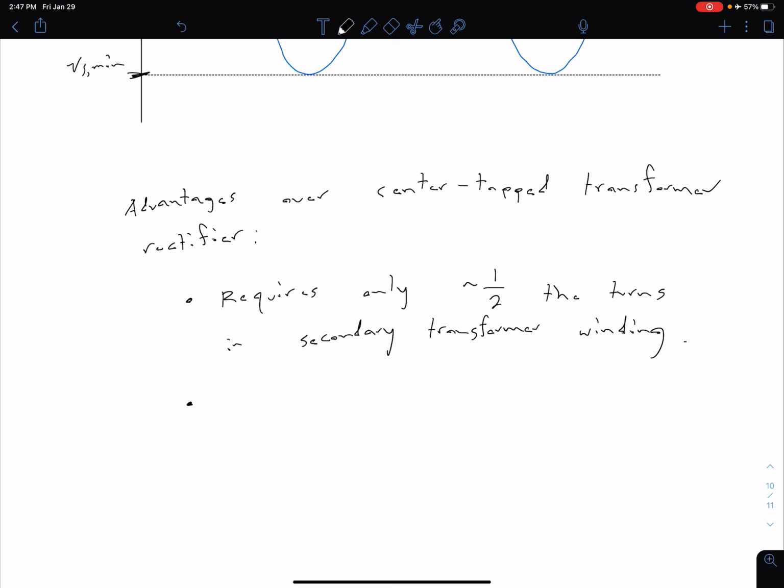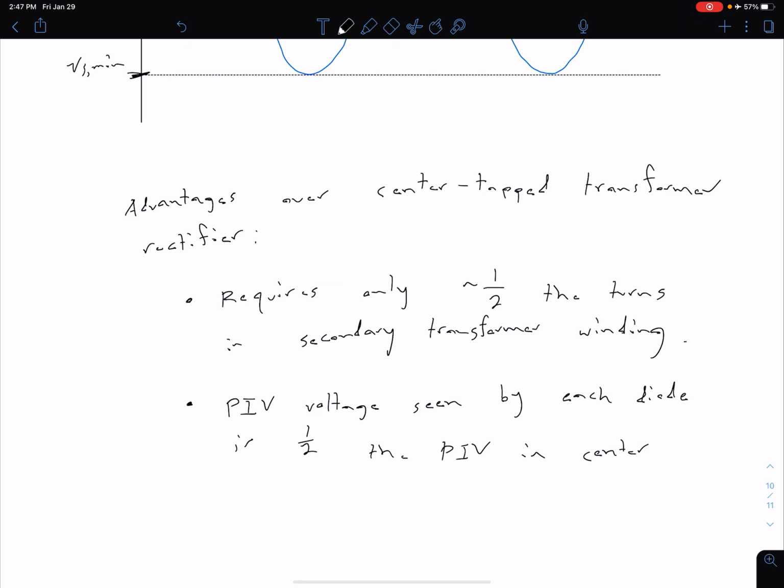Another key advantage of our bridge rectifier is that PIV is lower for each individual diode, because it's basically being split between two diodes as opposed to just one diode for each case in our center tap transformer. So our PIV seen by each diode is 1/2 the PIV in our center tap transformer circuit.